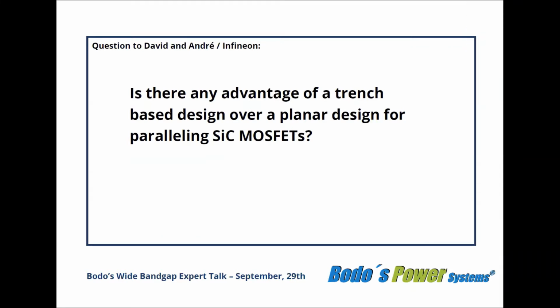Yeah, we do think that even if we just stated that threshold voltage variations are of less importance compared to silicon, of course still the spread between different VTH values should not be too big. And here's an essential advantage of a trench-based part compared to a planar MOSFET, since in a planar MOSFET control of the threshold voltage is by far not as easy as in a trench-based device.